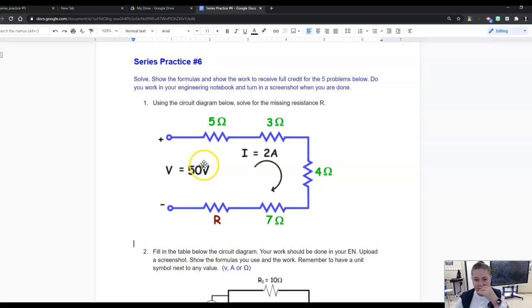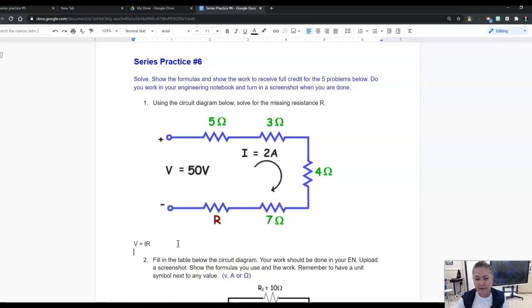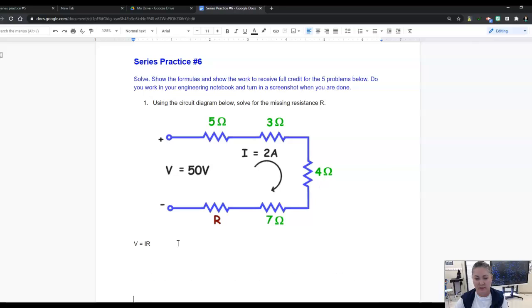What we do have is the voltage and the current, so we can use Ohm's law and find the total resistance that's missing. V equals I times R. Let's move it around since we're solving for resistance.